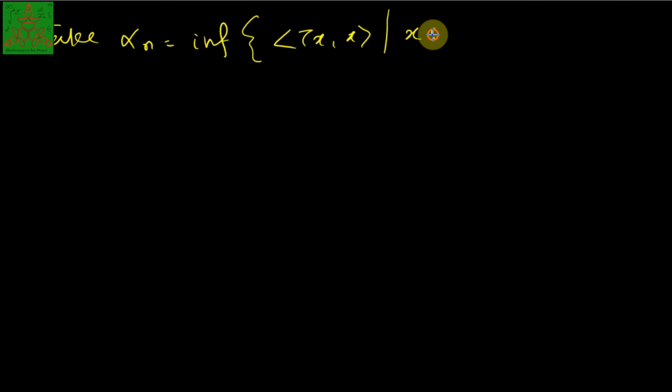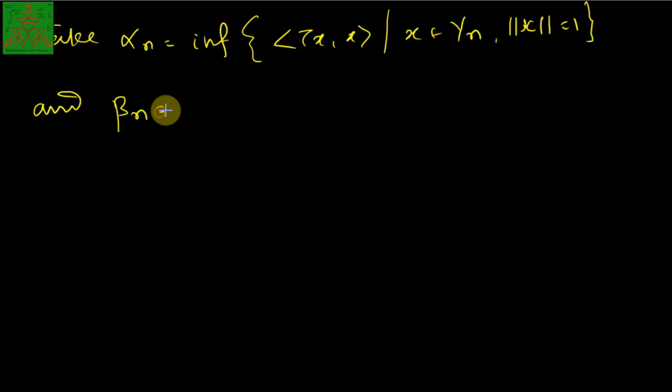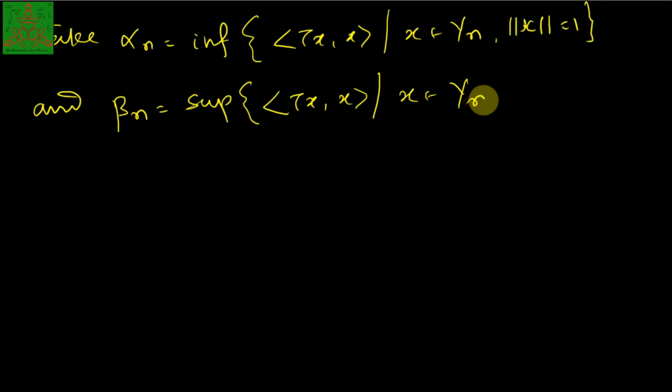Let us take alpha n as the infimum of <Tx, x> such that x belongs to Yn with norm of x equal to 1. Beta n is the supremum of <Tx, x> such that x belongs to Yn with norm of x equal to 1.